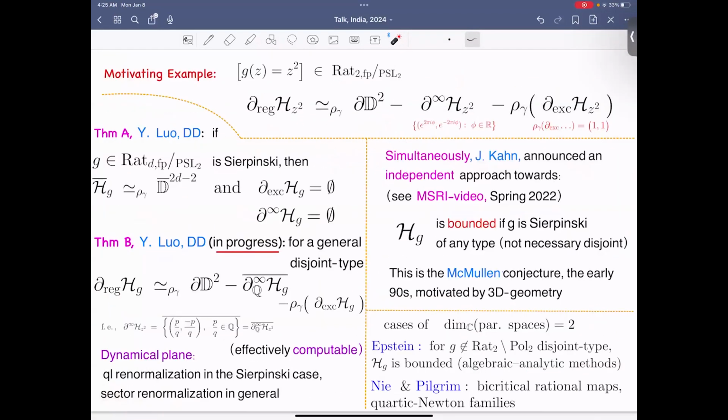So in particular for the z-square, the statement is that the abstracted boundary, and this is the full abstracted boundary, is just the closure of the rationally abstracted boundary, which we understand.